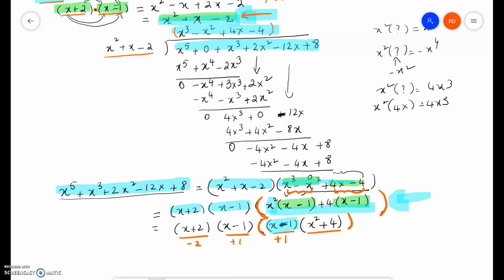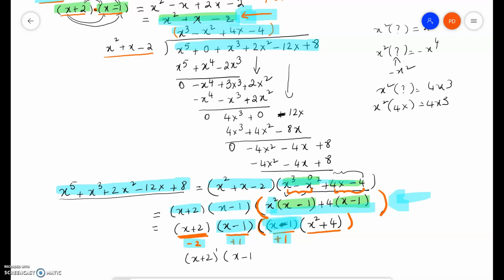So the factor x plus 2 gives me a 0, which is negative 2. The factor of x minus 1 gives me a 0 of positive 1. I have another factor which gives me again a repeated root, a repeated 0 of positive 1. Notice that x minus 1 times x minus 1 will give me x minus 1 the whole squared, which makes sense because remember we talked about the multiplicity of negative 2 being odd, so that's to the 1.